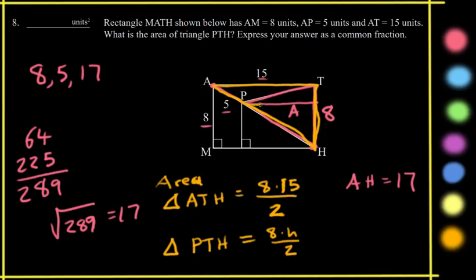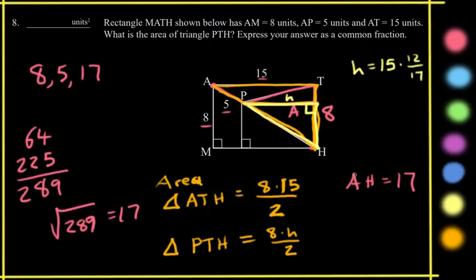Well, one way we can figure it out is this. There's a similar triangle here. Let me draw that in a different color. So this triangle ATH is similar to this triangle here, where I drop this height down. It's perpendicular here. So those are similar triangles, and so I can compute this height H. H is equal to 15 times 12 over 17.